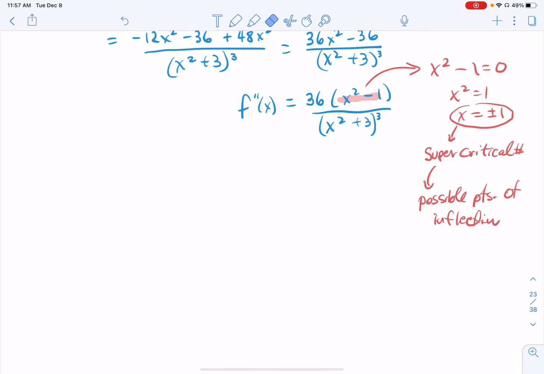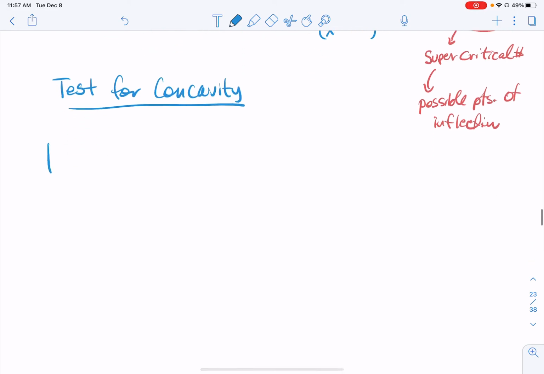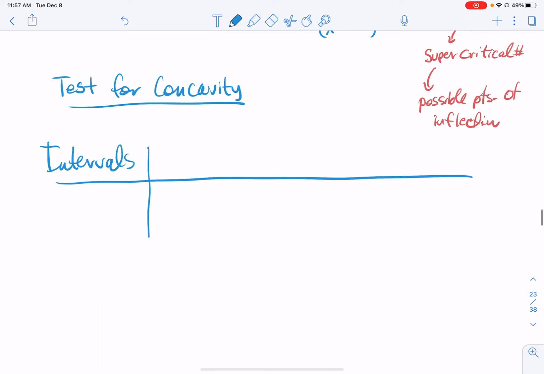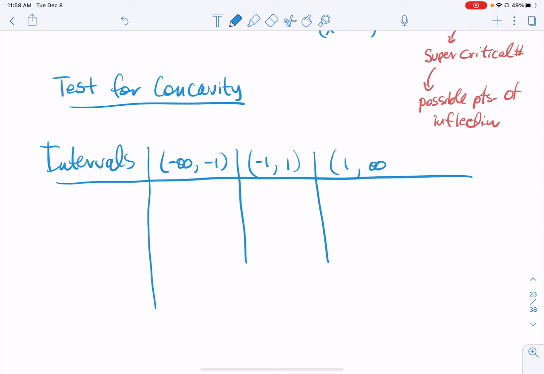This is the test for concavity. We need some intervals: negative infinity to negative 1, negative 1 to positive 1, and then 1 to infinity.